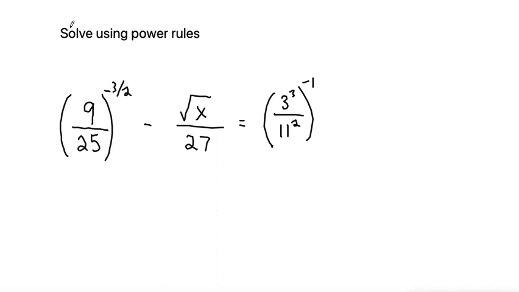So here we have a problem that asks us to solve using power rules, and we have this equation. To solve, we want to get the x by itself, and we need to use certain power rules in order to do that.